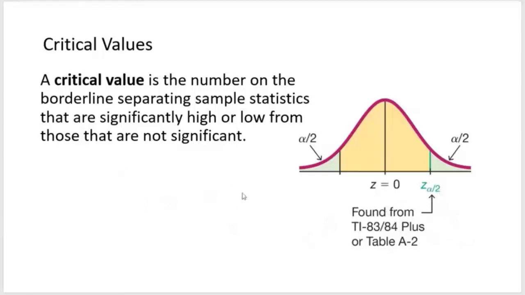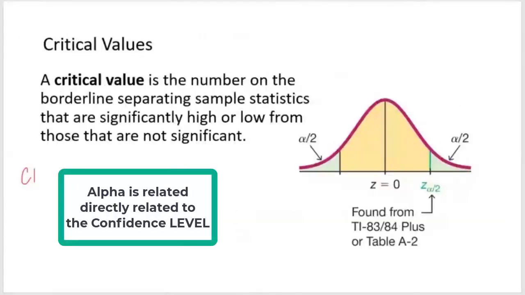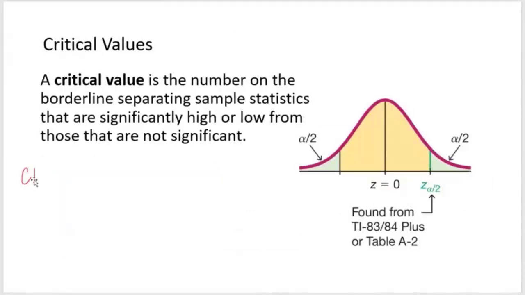Critical values are the numbers that, if you're looking at your distribution, the critical values are z-scores. And z-scores are the critical values that separate what is considered high or low. And they are related to alpha. And don't forget, alpha is related directly to your confidence level. Even though it's not official, I'm going to put CL. CI would be confidence interval.